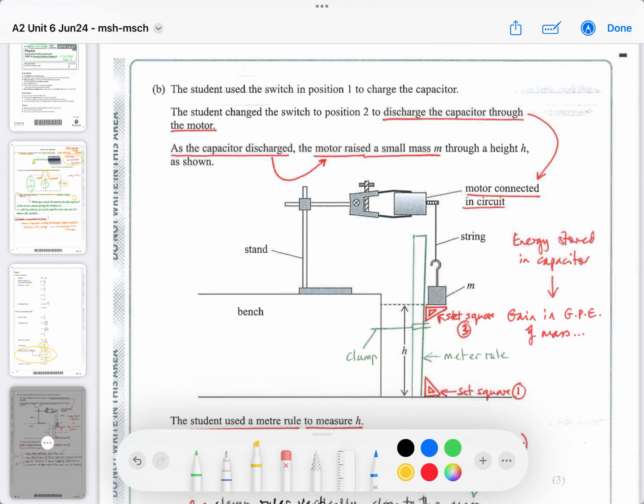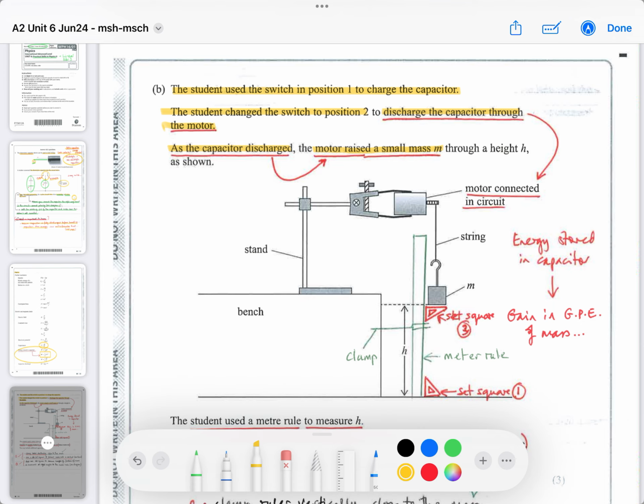Now the practical side. The student used the switch in position 1 to charge the capacitor. The student changed the switch to position 2 to discharge the capacitor through the motor. A motor will have a specific resistance, presumably. So as the capacitor discharged, the motor then raised a small mass.